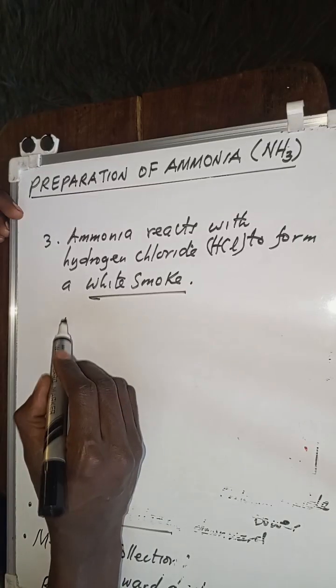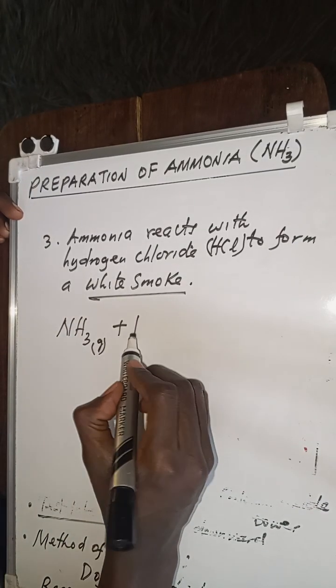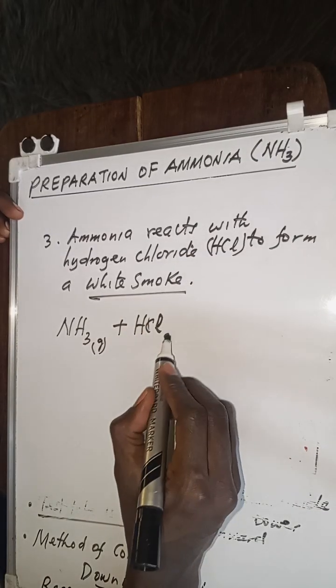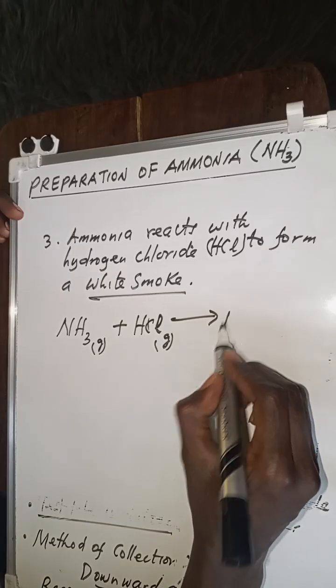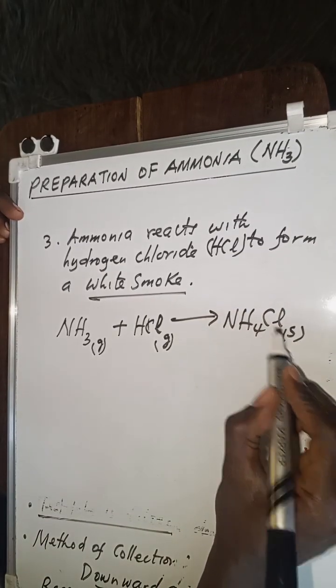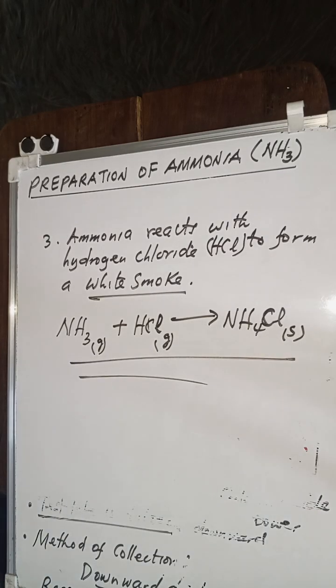So in other words, when you have NH3 in gaseous form reacting with hydrogen chloride, which is also in gaseous form, that is going to produce ammonium chloride, which is in solid form. So that is the overall reaction that you need to remember.